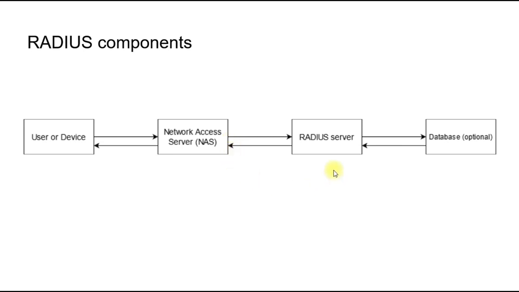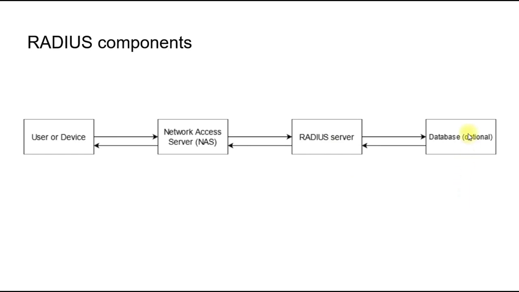After that, you have the Radius server, which processes the authentication and authorization requests, and also performs accounting. It can also send to the NAS some configuration parameters like VLAN ID, IP configuration, etc.